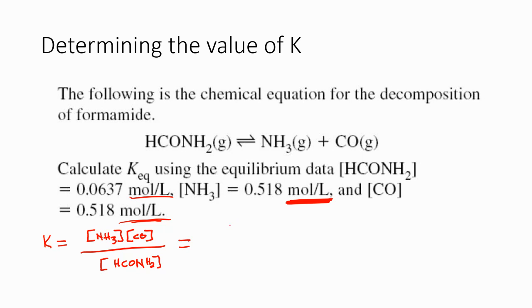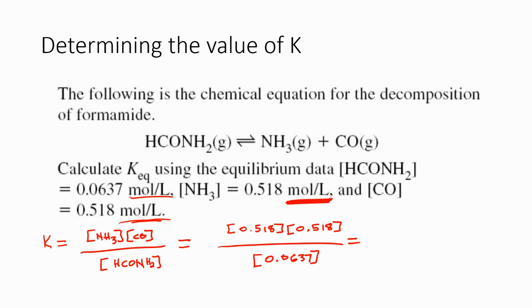So for NH3, I'm going to plug in 0.518. And for CO, I'm plugging in the same value, 0.518. And for the value for my reactants, H2O and H2, I have 0.0637.